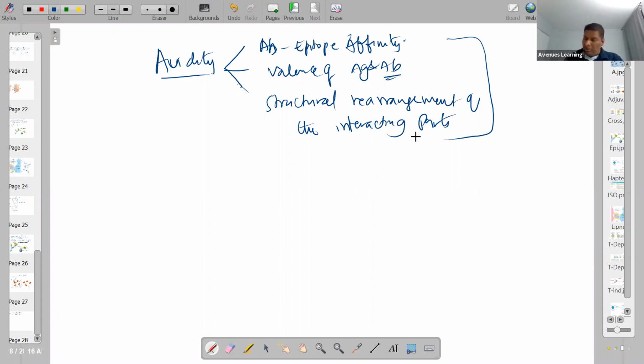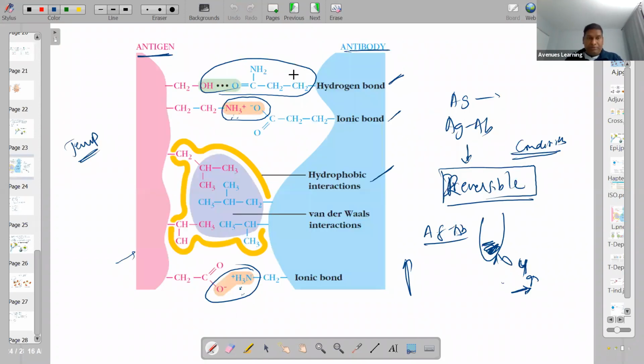Now, an antigen-antibody reaction is usually specific. That is, a single paratope will interact with only one kind of epitope. Why? Because there are certain groups that have to form non-covalent bonds, and only when you have this particular group opposite to this one, just as an example, can these come together, and only in one particular combination.